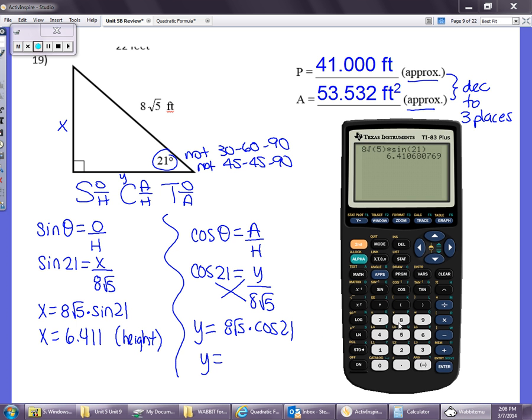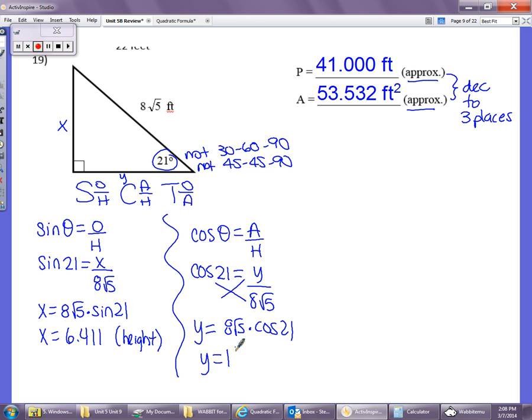But instead of sine 21, it'll be cosine 21. And that comes out to be 16.700. Notice how the third number is 3, so you don't particularly need to write all the zeros. Actually, you can just keep this as 16.7 because of the zeros. And this represents your base.